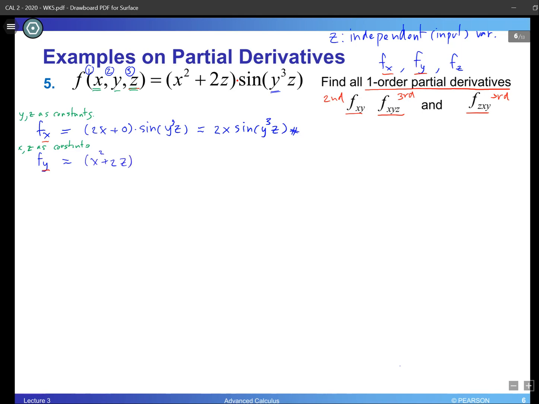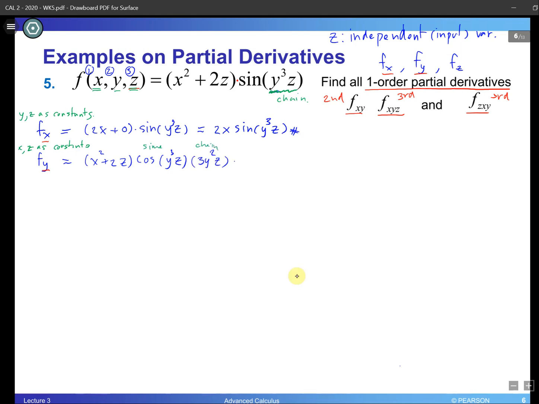And since y is inside the sine, I need to diff sine first, so I get cosine, and the terms inside I keep the same, y cubed z, and then I need to apply the chain rule to the term inside, right? I need to diff that with respect to y, and of course I get this 3y squared and z right here. So make a note right here, this came from sine, and this came from chain.